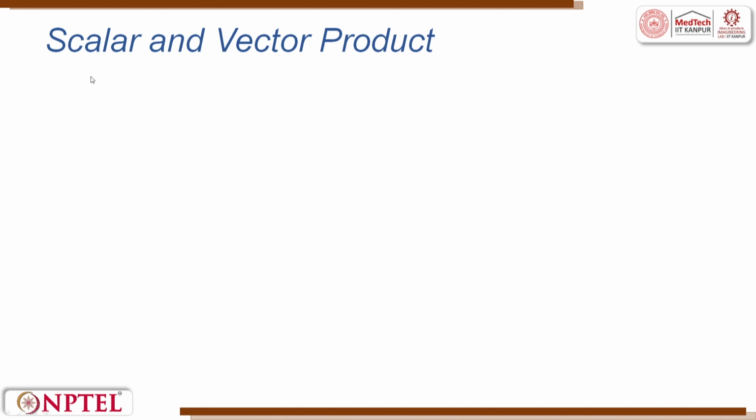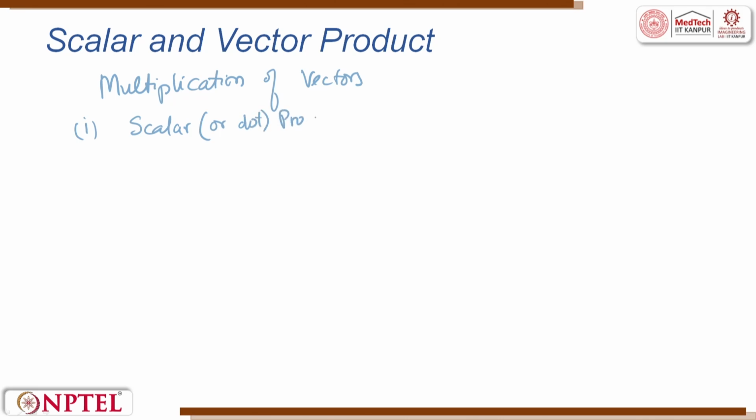Now, let us look at multiplication of vectors. In this, first we will look at scalar or dot products. So, we will have a diagram here. This is our O, this is theta, that is A vector and this is B vector.